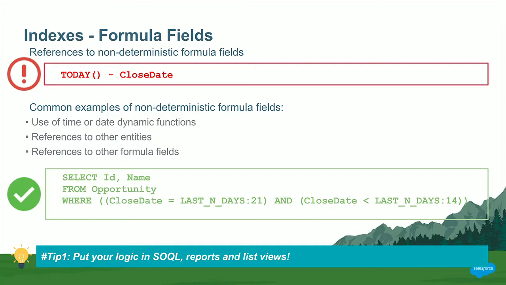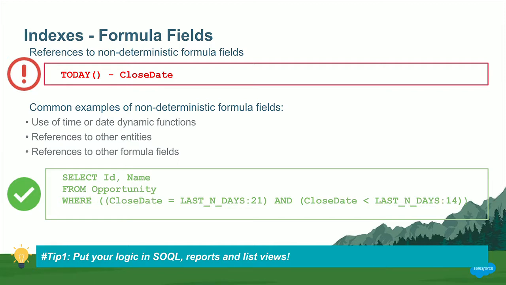And I highly recommend that before you use a formula field to embed hard logic in your query, try to read the documentation that Salesforce provides about this topic to consider if your formula field is deterministic or not, because depending on that, you can later index that value or not. And that is my tip.